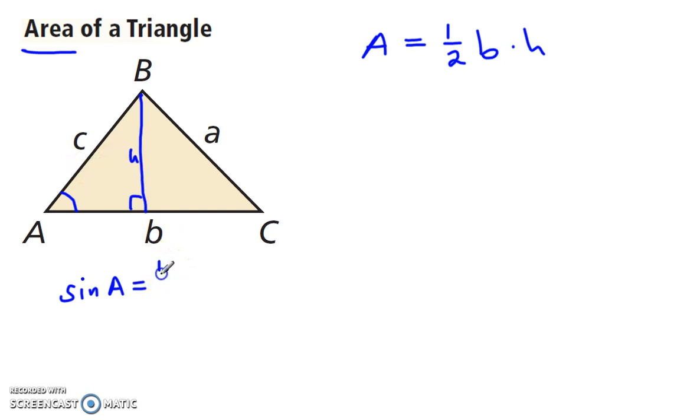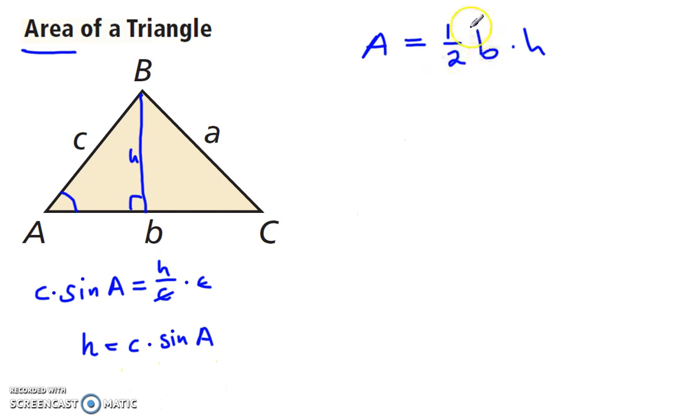So opposite would be the height to the hypotenuse would be C. Okay, so I could find the height by multiplying each side by C times C. That would cancel out the C here, and then I would get the height is equal to C times sine A.